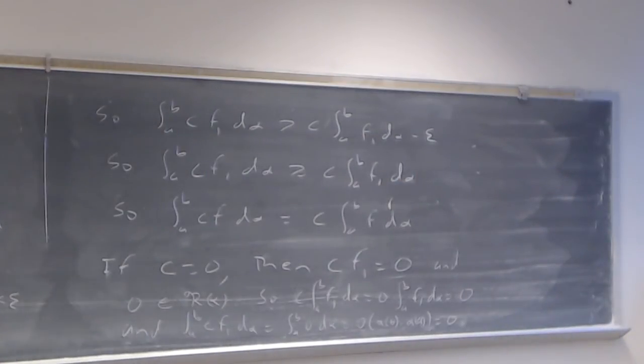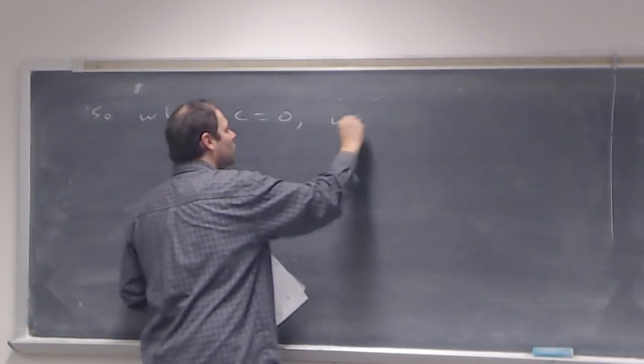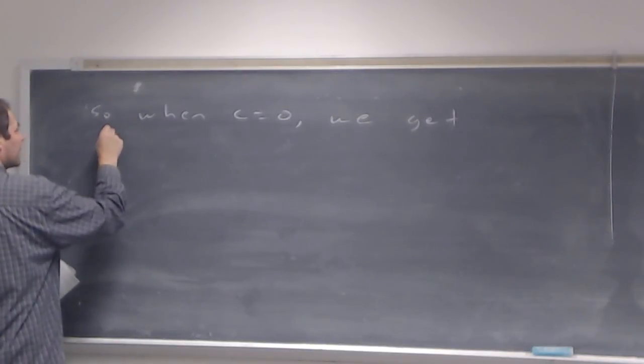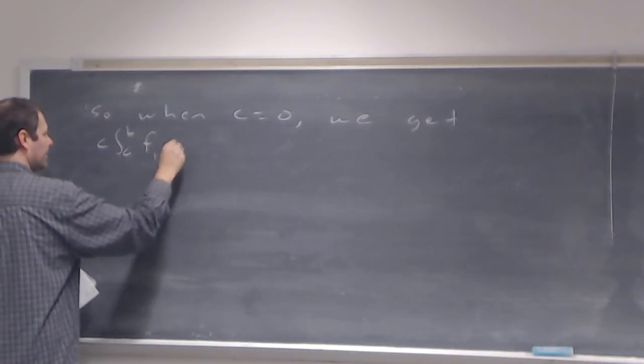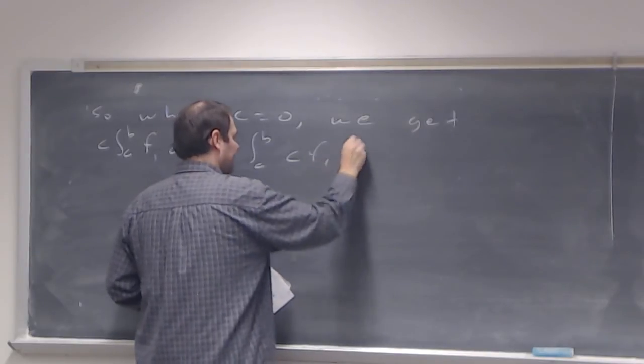So in this case, when c is equal to 0, we get that c times the integral from a to b of f sub 1 d alpha is equal to the integral from a to b of c f sub 1 d alpha.